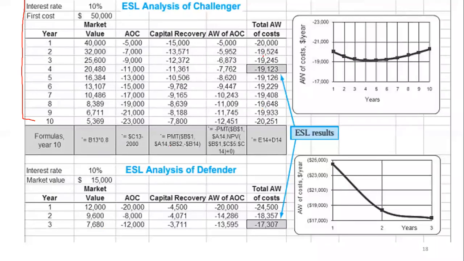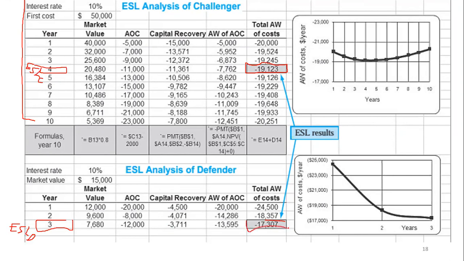The minimum annual cost for the Challenger is negative 19,123 at the fourth year, which means the fourth year is the economic service life for the Challenger. On the other hand, the third year is the economic service life for the Defender.